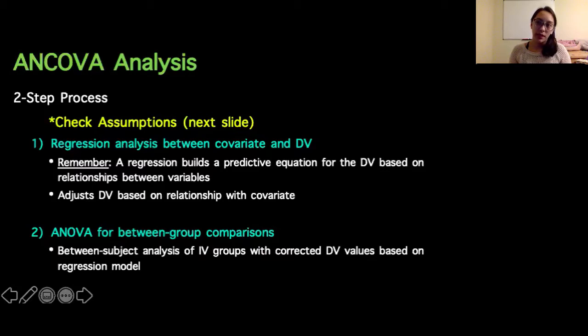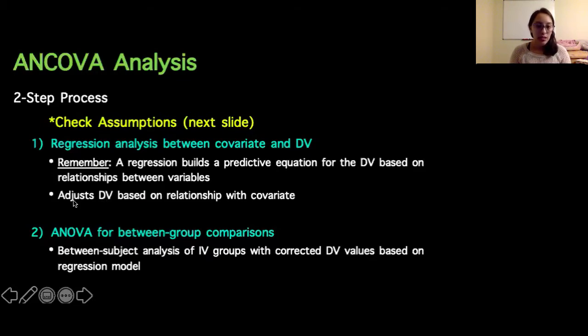Remember we had applied the regression equations before to predict certain values of a dependent variable, and then we were like, what's the actual versus the predicted one? So that's what the regression analysis does, it uses those covariate values and the regression equation based on its relationship with the dependent variable to adjust the dependent variable values.